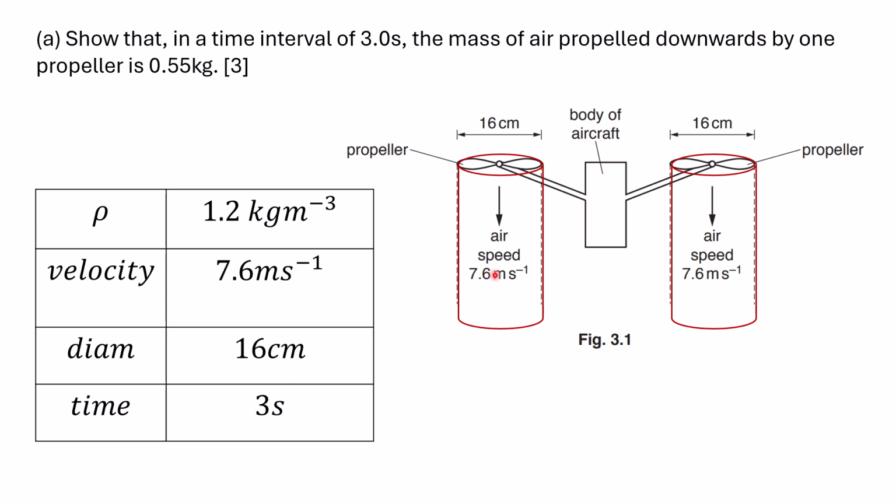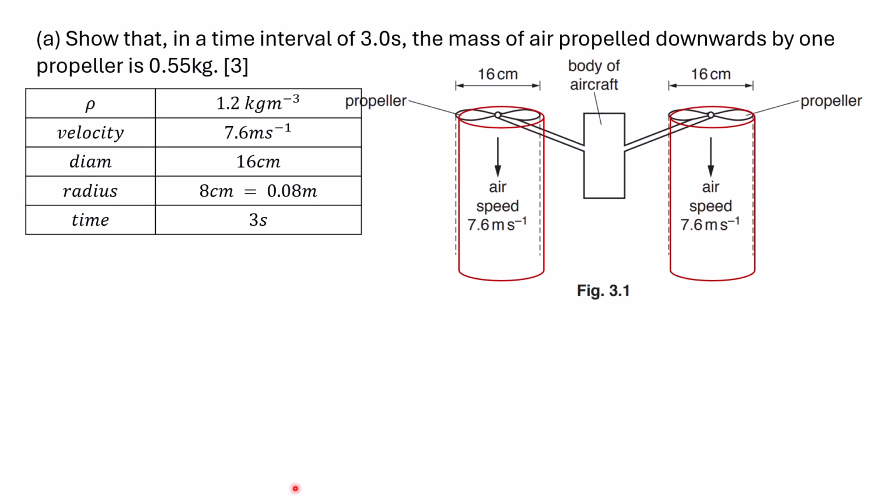And the time that this speed is constant is 3 seconds. Now that we understood the assignment, the question is: show that in the time interval of 3 seconds, the mass of air propelled downwards by one propeller is 0.55 kilograms.